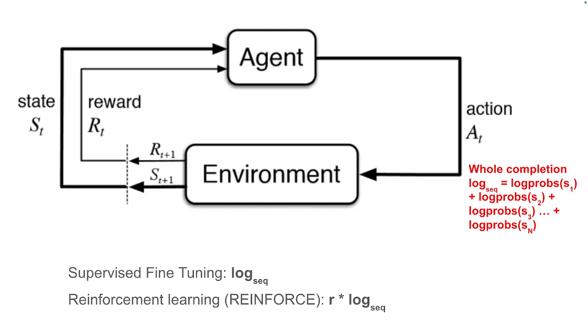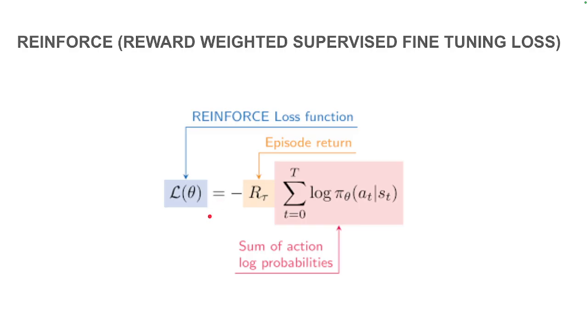So the main takeaway is that REINFORCE is basically the reward weighted supervised fine tuning loss. And let's formalize it with the math formula. The REINFORCE loss function is given by the reward, the episode return, which is for the whole response, times the sum of the log probabilities of the actions that we saw earlier.